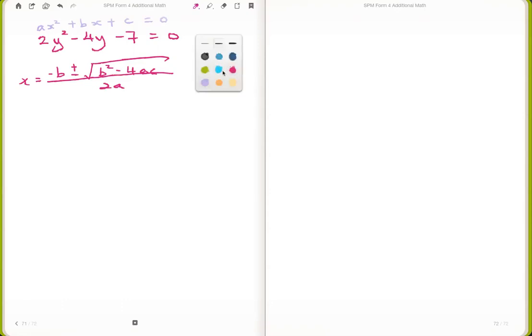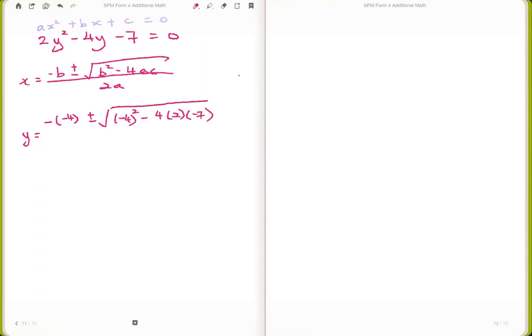So therefore, my y is equal to negative (negative 4) plus or minus square root of (negative 4) squared minus 4ac, over 2a. That's what I mentioned earlier. Brackets are important over here. Don't forget 2a is positive.